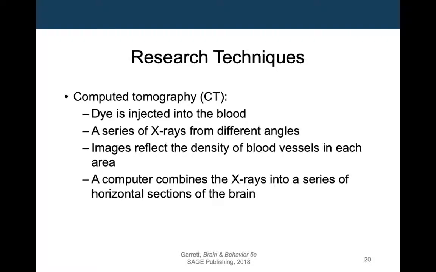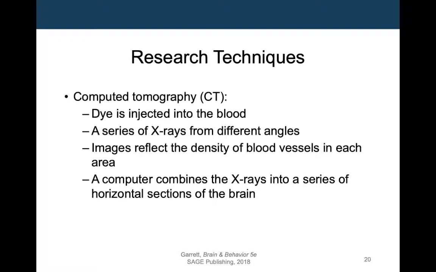So a CAT scan or CT scan is an X-ray, and we know what X-rays are. X-rays help us look at the structure. If you've ever broken your arm or your foot or your wrist or your ankle, you've had an X-ray done to show where it may be broken. That's a structure. Same thing with the CAT scan. Only difference is that with your brain, this dye is injected into your blood.